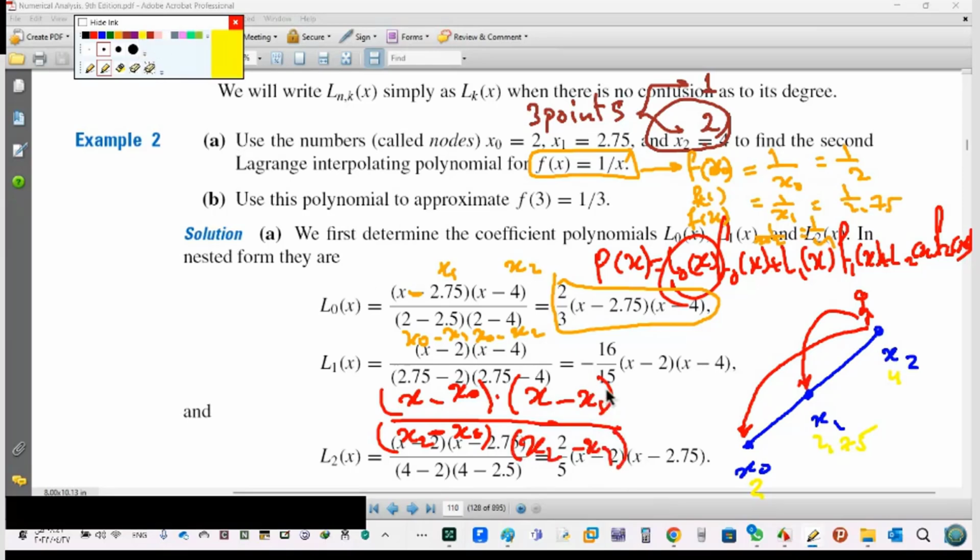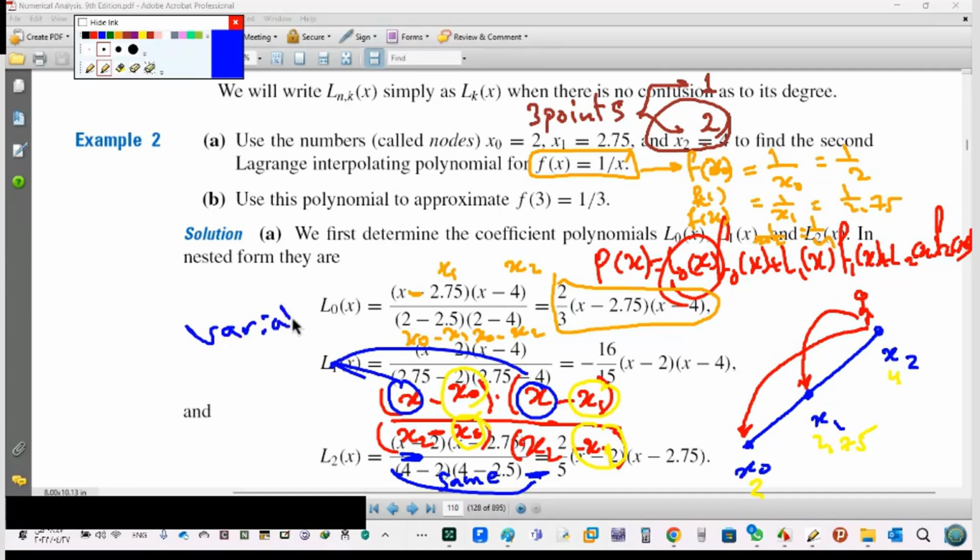You can see this is like this, and again this is like this, the same pattern. x is the variable. Got it? Clear for you?